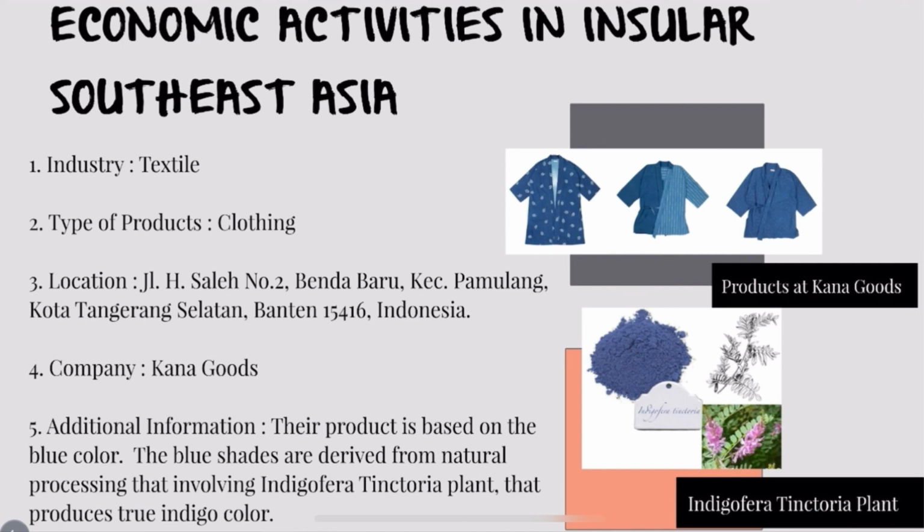One example textile company in Insular Southeast Asia is Kana Goods, which is located at Kota Tangerang Selatan, Banten, Indonesia. Kana Goods, founded by Sankaya Rini, is one of the change makers in the Indonesian fashion scene.